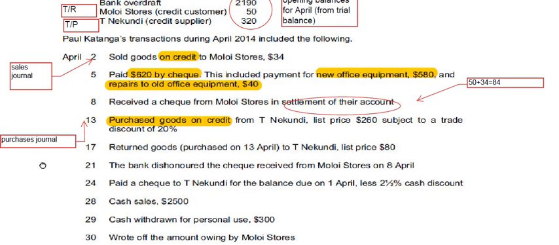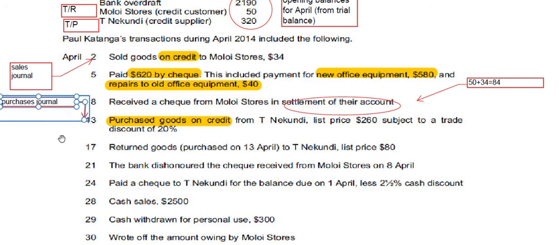And again, reminding you, there are 4 journals for the goods bought and sold on credit, and then there are returns also: sales journal, purchases journal, sales returns journal, and purchase returns journal. Those are the 4 journals which are needed for the goods. So this transaction again will end up in purchases journal.